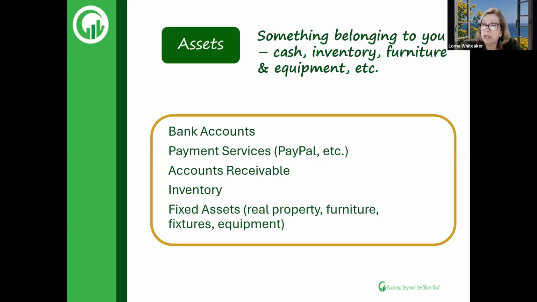I'm not going to spend a lot of time going through what all the individual items are. These are more examples. However, assets: something belonging to you, cash, inventory, furniture, equipment. Okay. Assets.